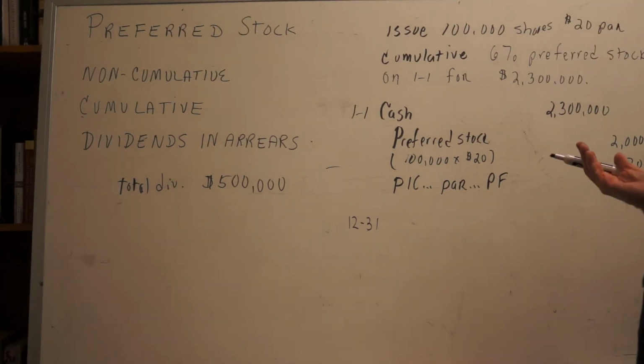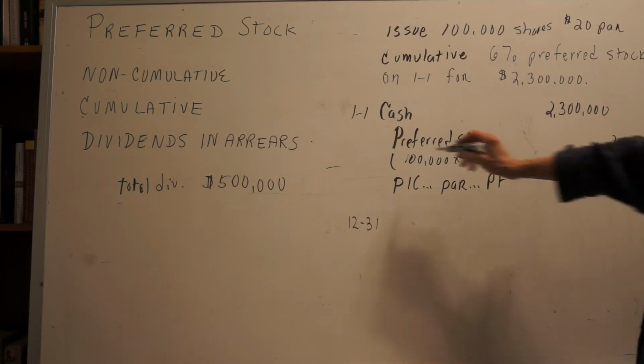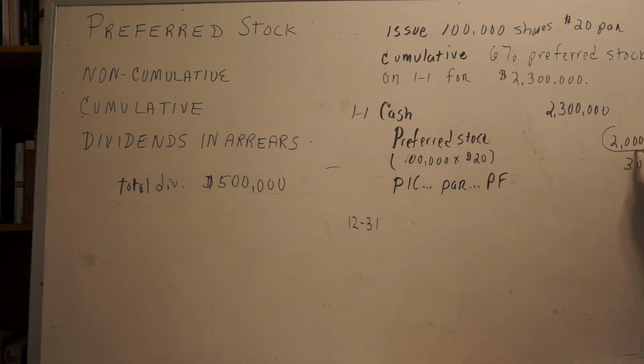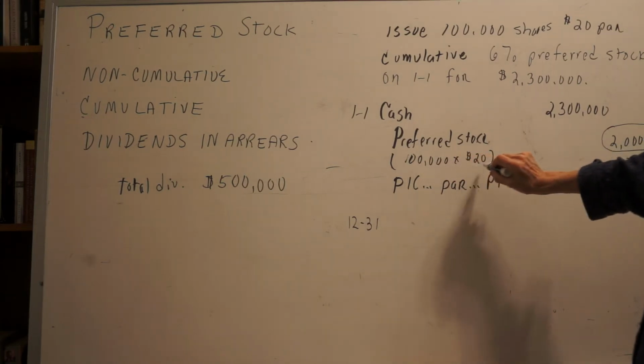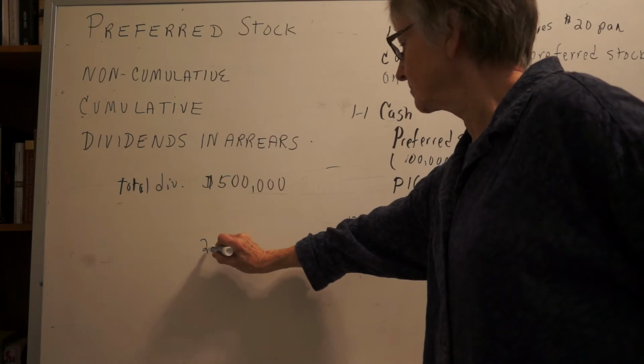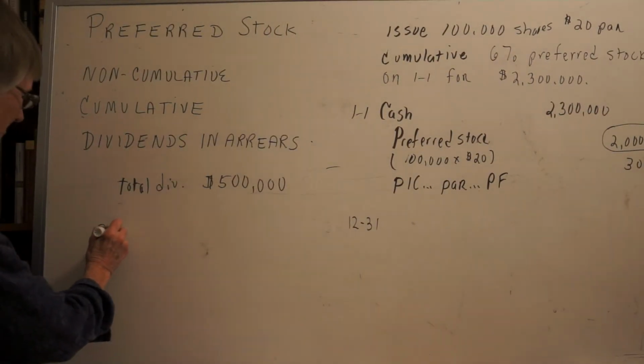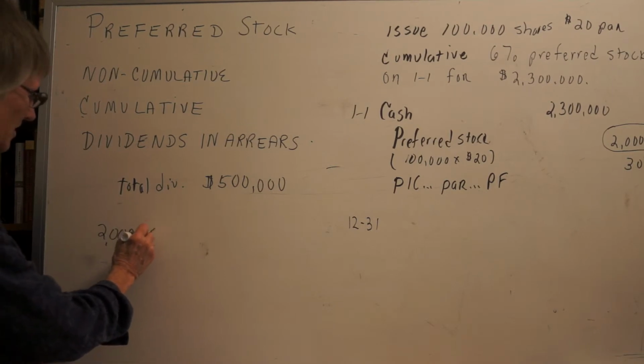So how much does the preferred stockholders get? Well, this is the amount of preferred stock. It's the number of shares times the par. So we would go the 2 million in preferred stock.